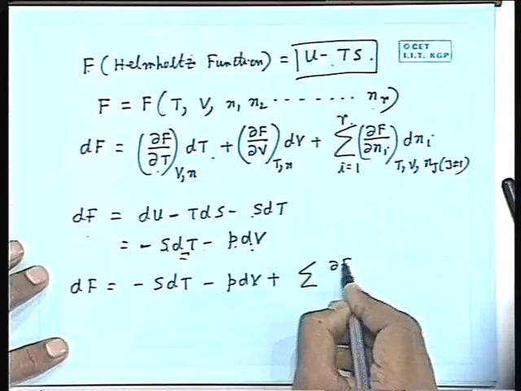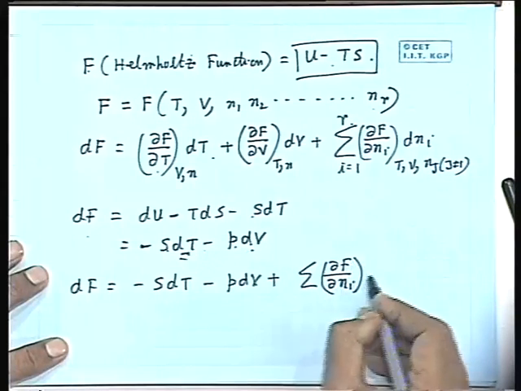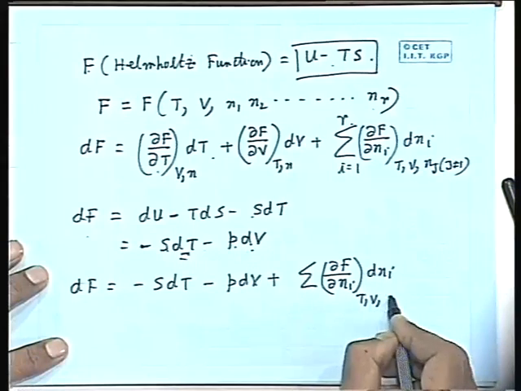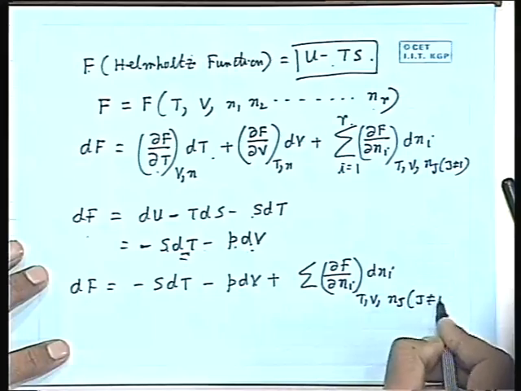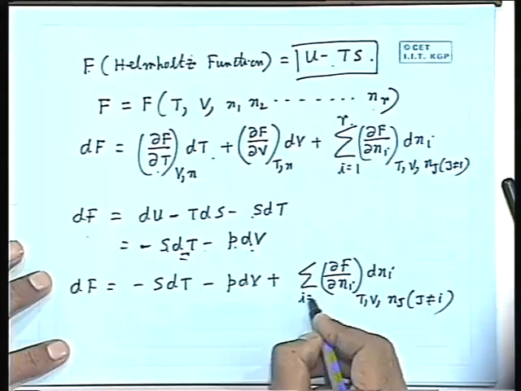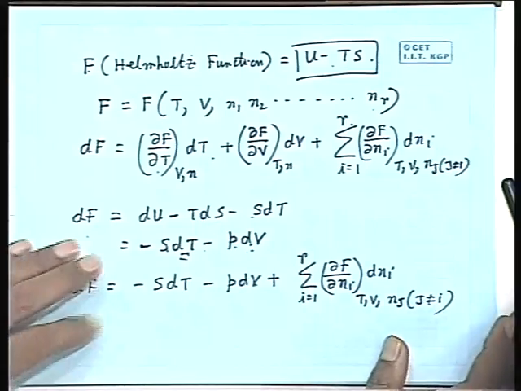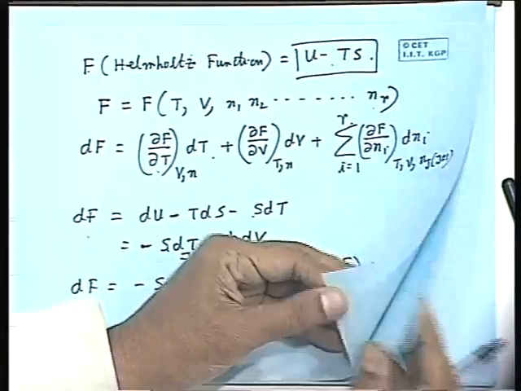So always we see the additional term comes, del F del Ni dNi, and this partial derivative is at T, V, Nj, where j not equal to i, and this summation is from i equal to 1 to R. Alright.